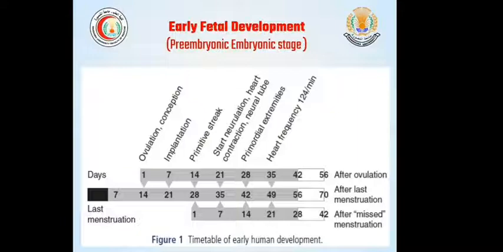So, exposure to a teratogenic agent during this period will produce an all or none effect on the ovum. The ovum either dies from exposure to a lethal dose of a teratogenic drug, or it may regenerate completely after exposure to a sublethal dose. So, it is all or none effects.